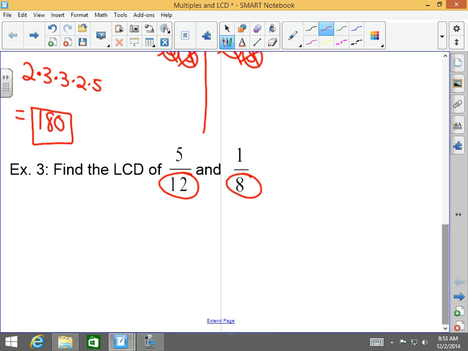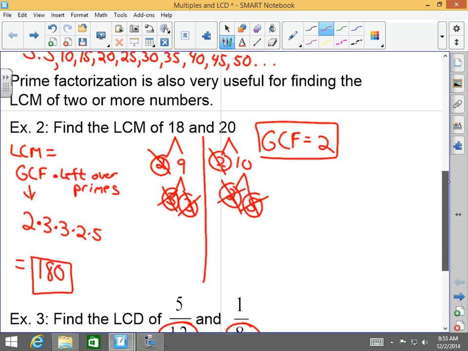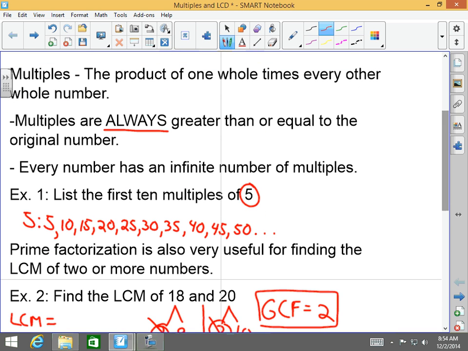Can anyone tell me, using their multiplication skills, what is the least common multiple of 12 and 8? Yes, sir. Okay, hold on. Whoever said 2 and 4, didn't we already say that the least common multiple is always greater than or equal to the original number?